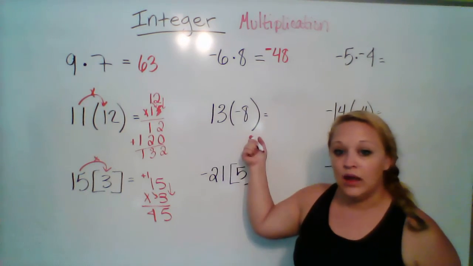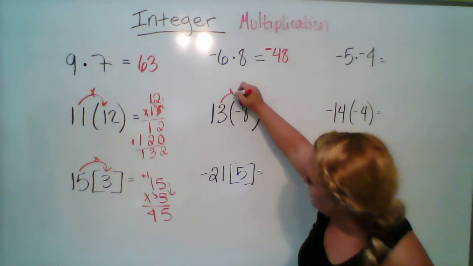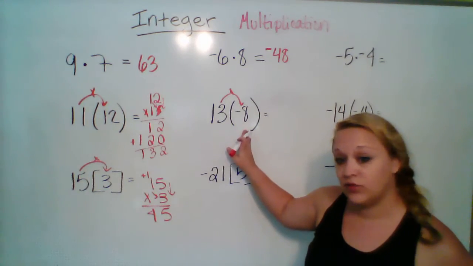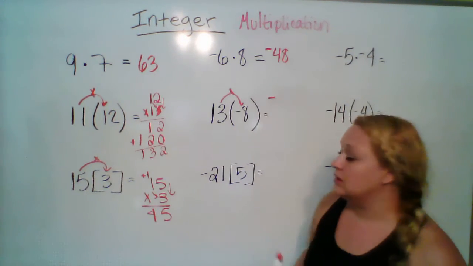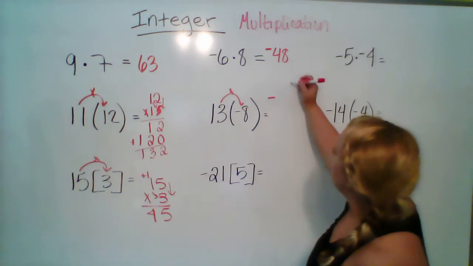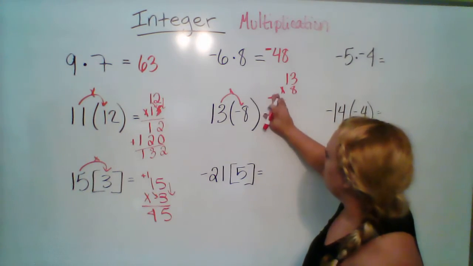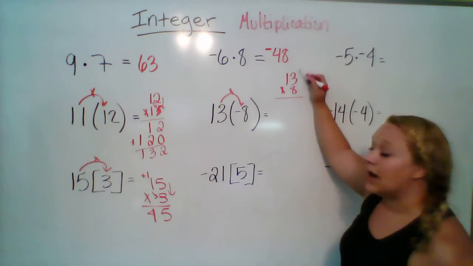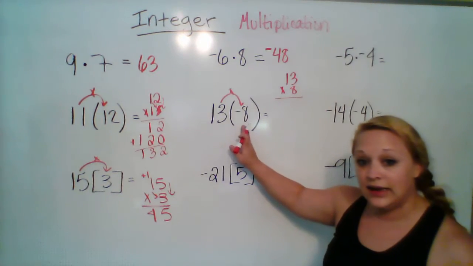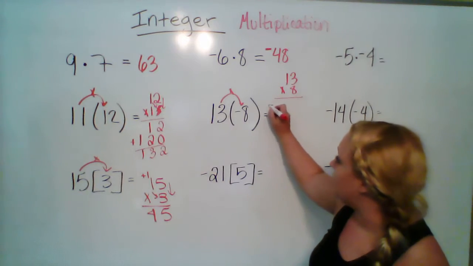Okay? Again, I have a parentheses, so I'm going to do the distributive property. 13 times negative 8. Well, I have a positive times a negative, which gives me a negative. Okay? I'm going to go off to the side, and I'm going to multiply 13 times 8. I'm not worried about the positive or negatives here because we already determined that a negative here and a positive here will give me an answer that is a negative.